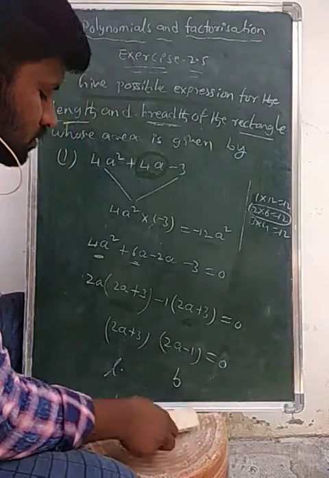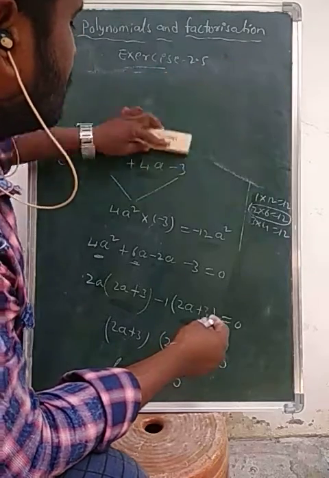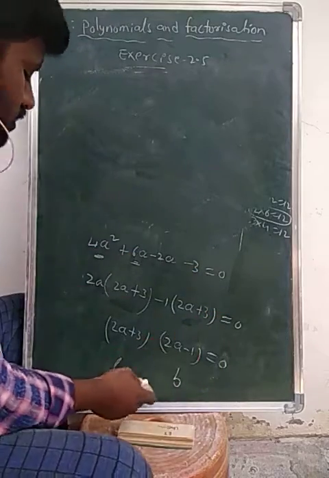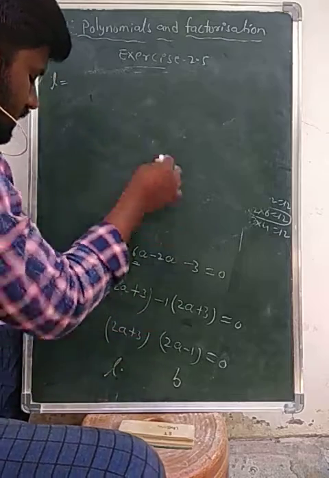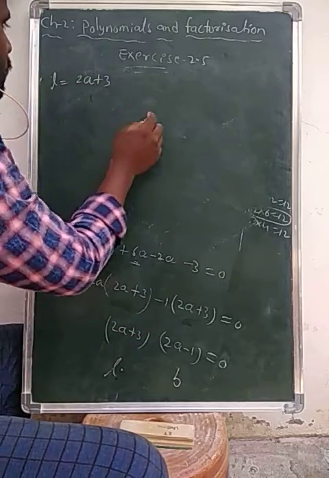So consider one as the length and the other as the breadth of the rectangle. Now how to find the length and the breadth? Length is equal to 2a plus 3.